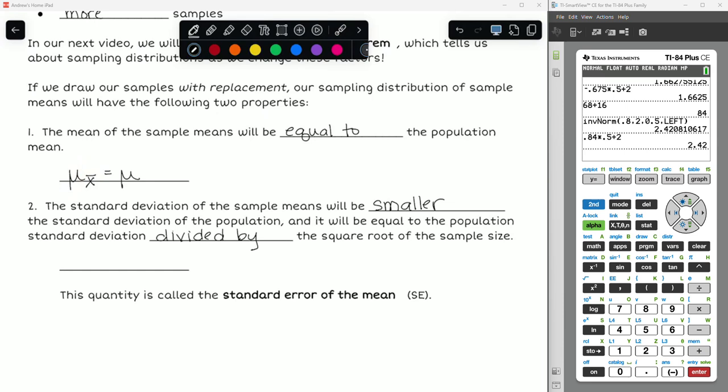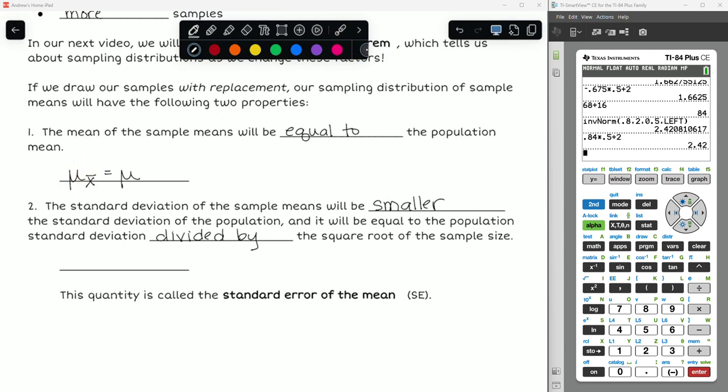Meaning the larger the size of my sample, the smaller the standard deviation will be, the more clustered those sample means will be about the population mean. And that makes sense in that the larger my sample, the more it accurately reflects the population we pulled it from, the closer its average should be to the population average.